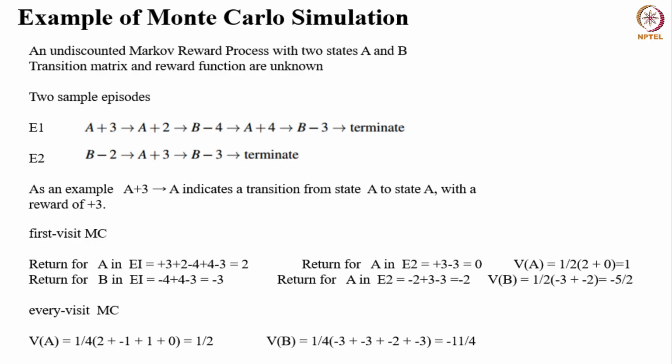Then the value function of A becomes the average, and they do the same for the second state, and a similar calculation will happen for the every-visit case. So this is all very straightforward.